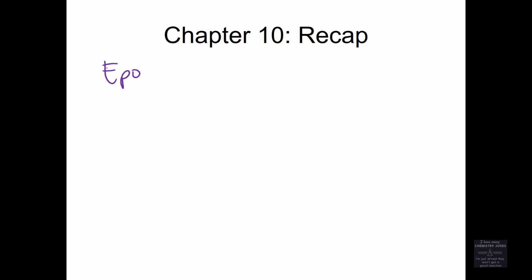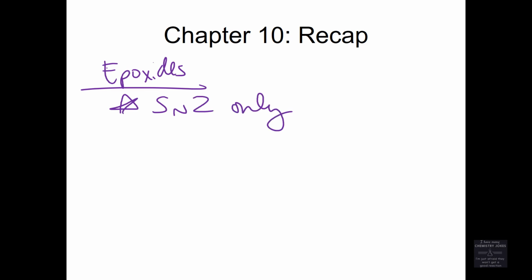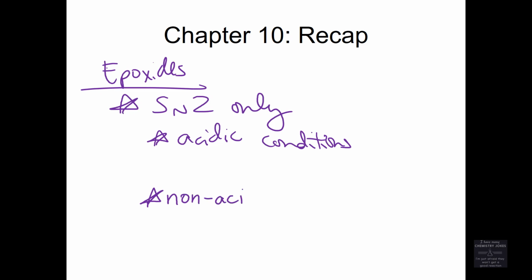Epoxides do substitution only, but furthermore, they do SN2 only. The big deal about epoxides was if you have acidic conditions versus non-acidic conditions.